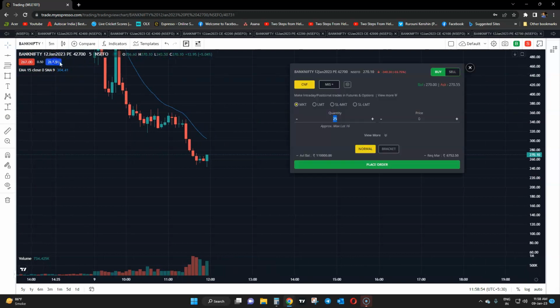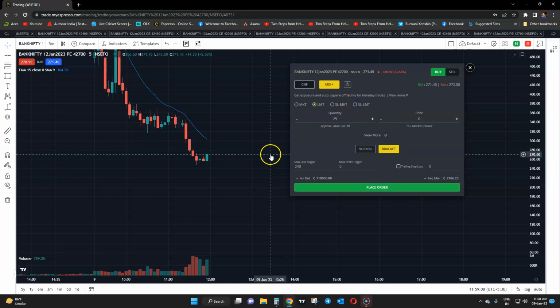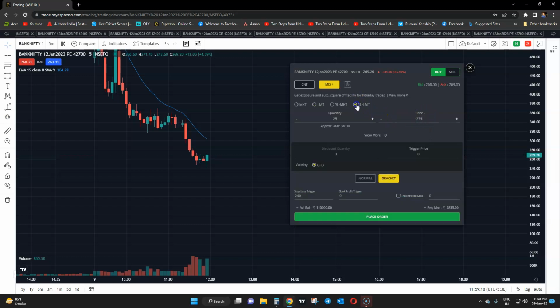So this could be a safe buy. The stop loss of 240. $275.